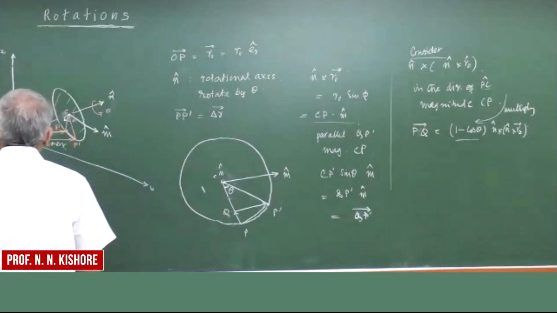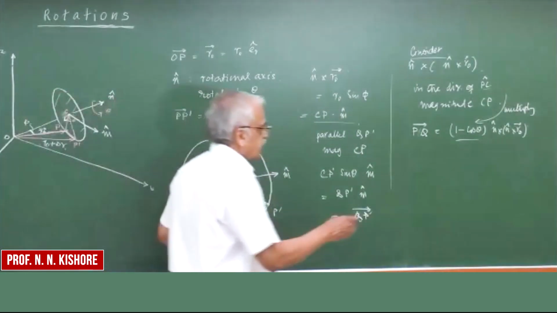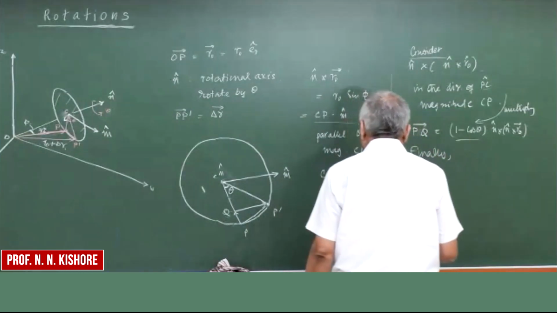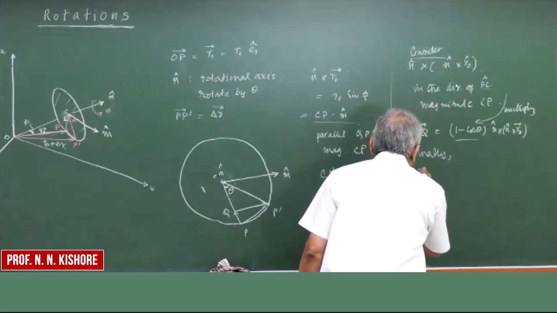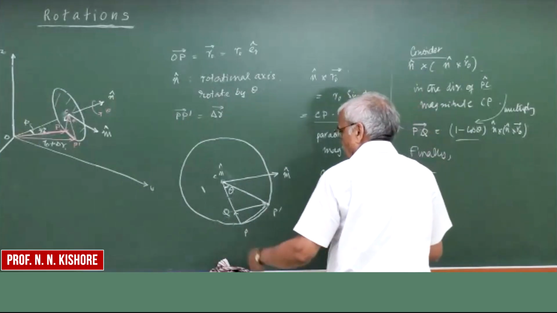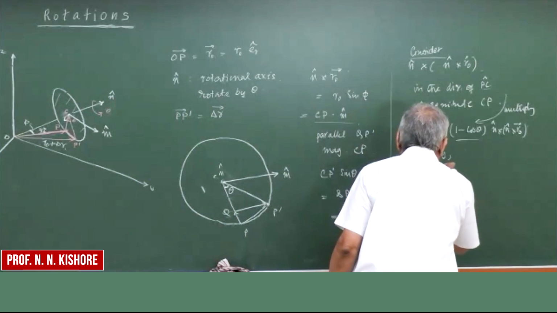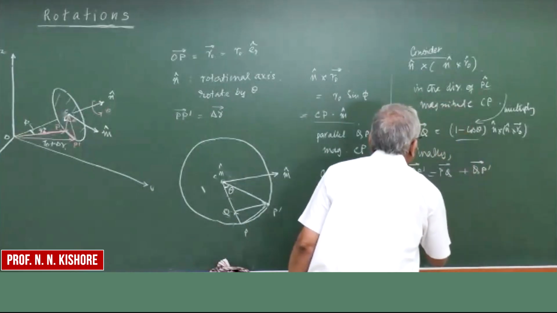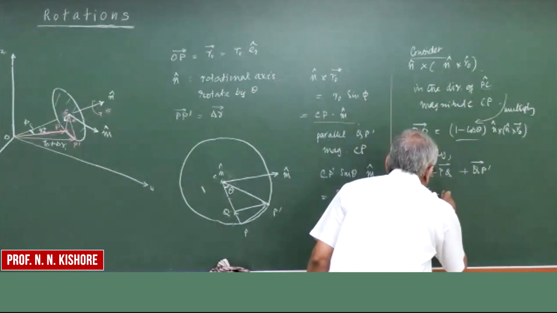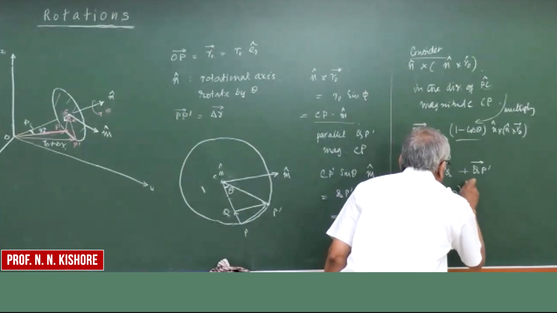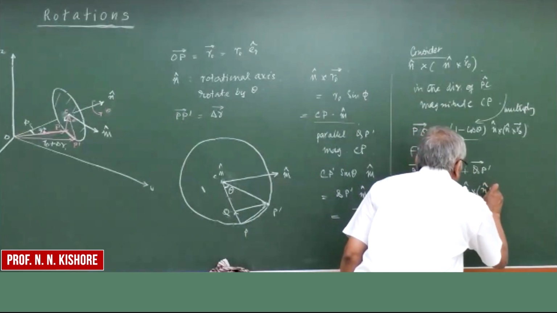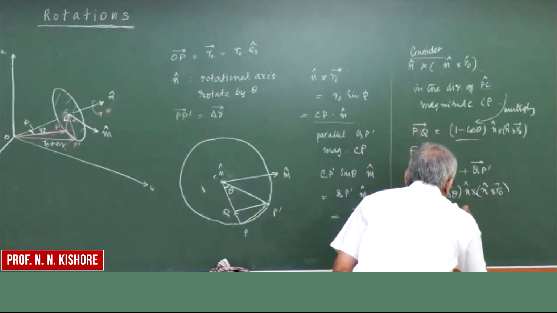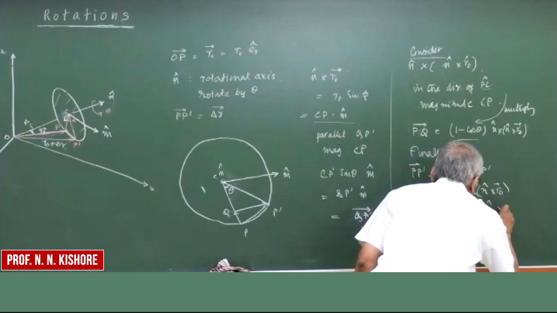Very interestingly, finally what we have here is that PP prime is nothing but PQ plus QP prime, which we have done just now, that is 1 minus cos theta times n cross n cross R naught plus sin theta n cross R naught.